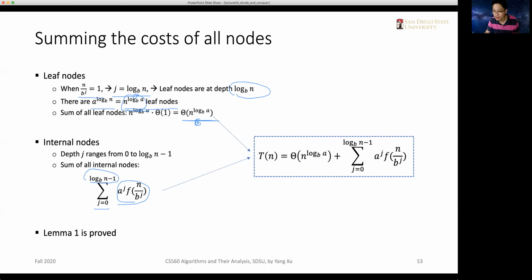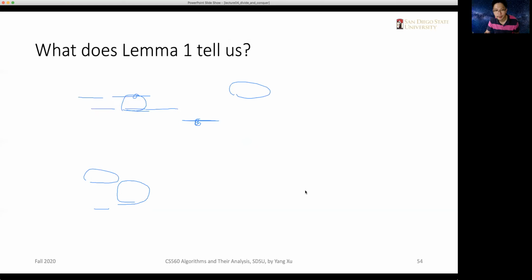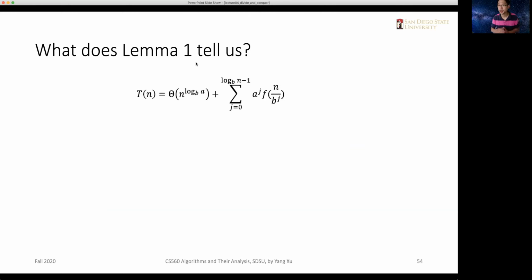All right, so let's carry on. Anyway, our goal is to show the upper bound and lower bound for T of n. So now we just need to consider the asymptotic property of this function, right? Looking at this expression, we have the idea that we need to compare the two parts.